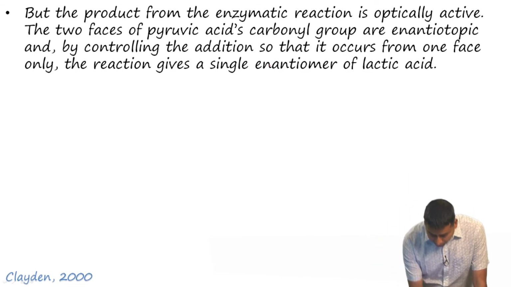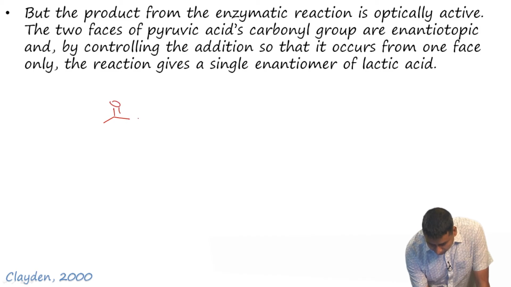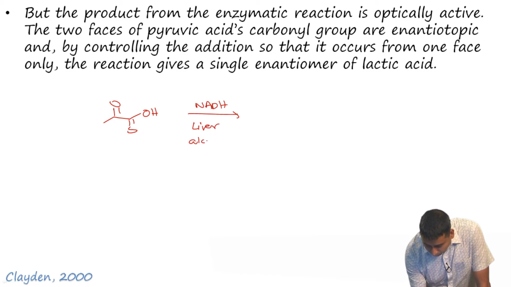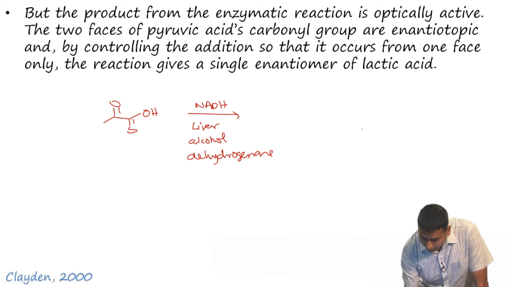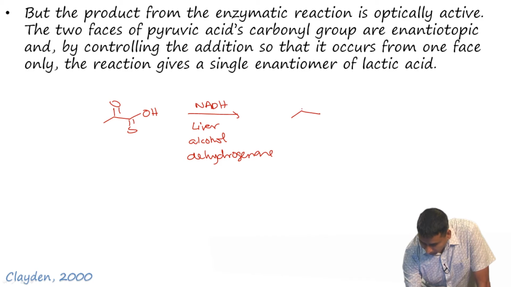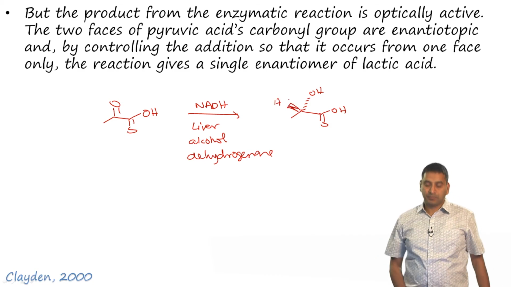So, when you start with pyruvic acid, C double bond O OH, when you react it with NADH and liver alcohol dehydrogenase, okay, you end up with a molecule where the OH is over here and COOH is here, and so hydride essentially transfers from the top.